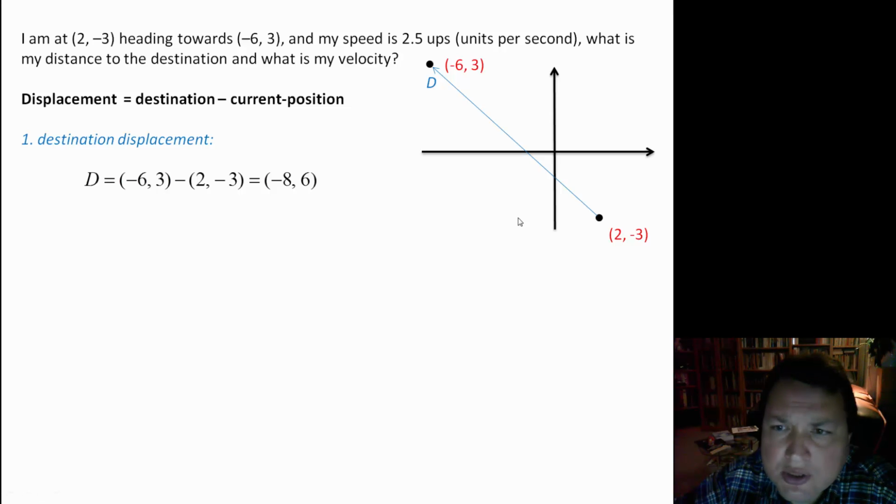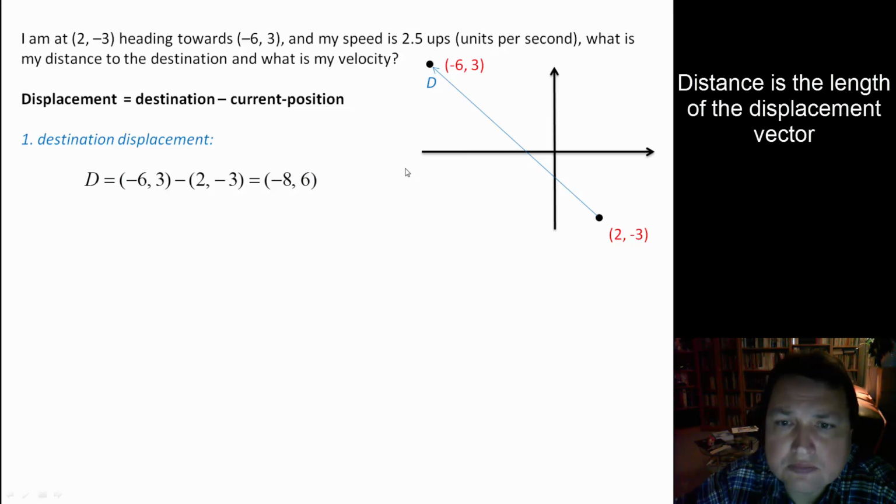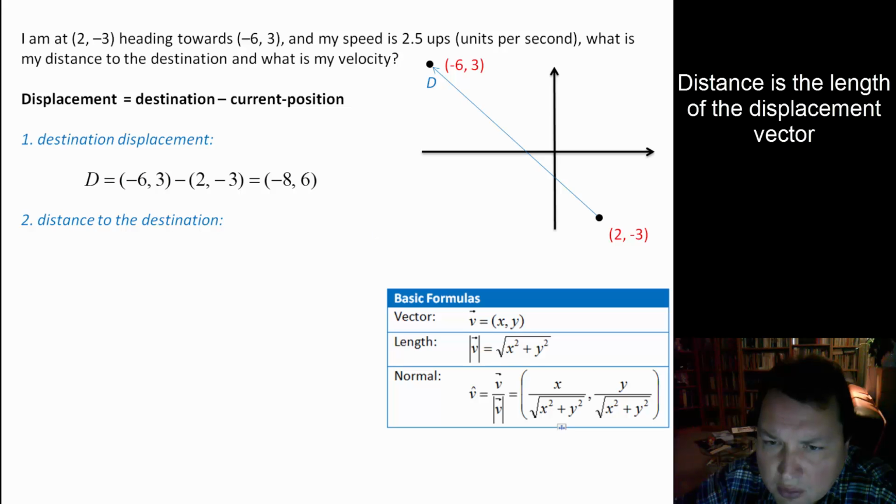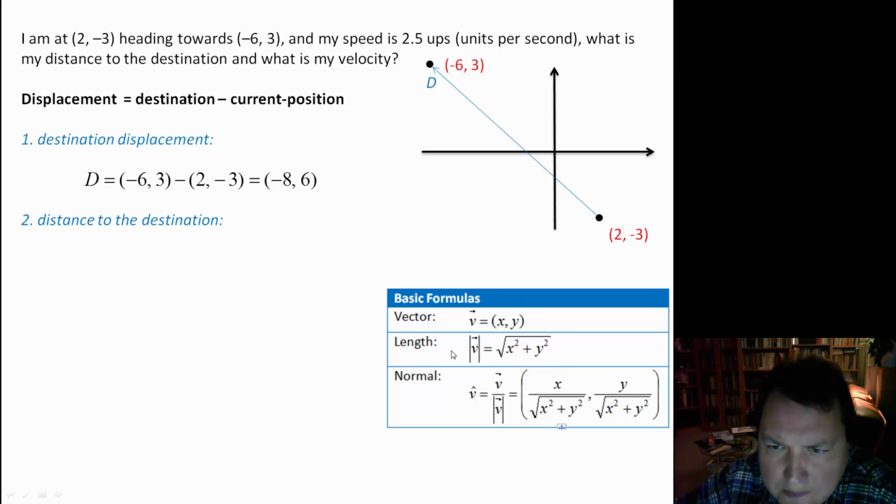Once we have the destination displacement, our distance to the destination is nothing else but the length of this vector d. Here we have some useful formulas, and the length is shown here. Please note that in maths, names of vectors are marked with a small arrow on top of the letter.